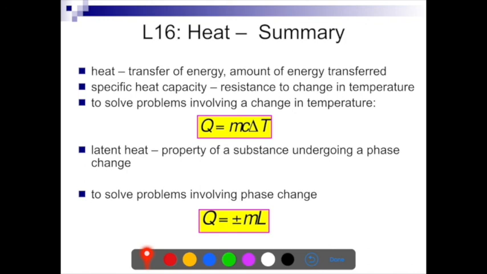I've put up on Stream some extra conceptual type questions, so you can head on to Stream and check out the post-class material just below the folder where you got the lecture slides and lecture videos from, and you will find PDFs there of extra conceptual problems about specific heat capacity. And then in the workshop, we will practice solving problems involving Q is equal to mc delta T and Q is equal to mL.